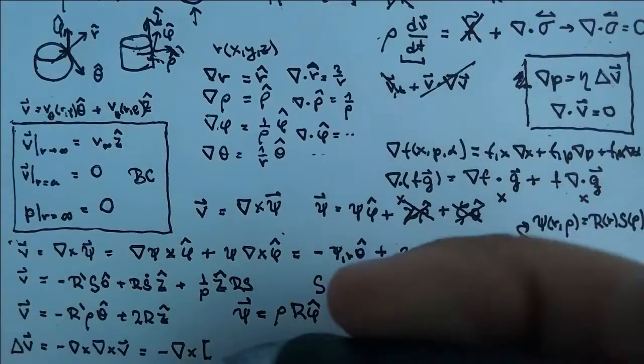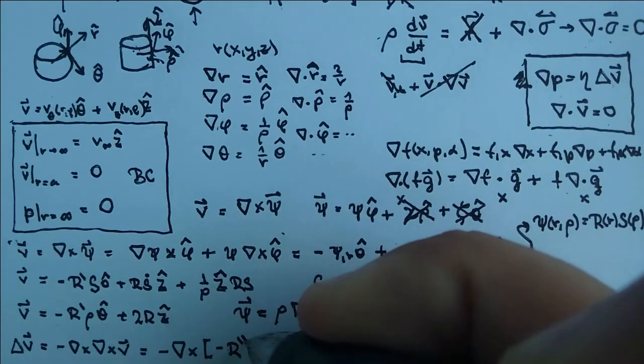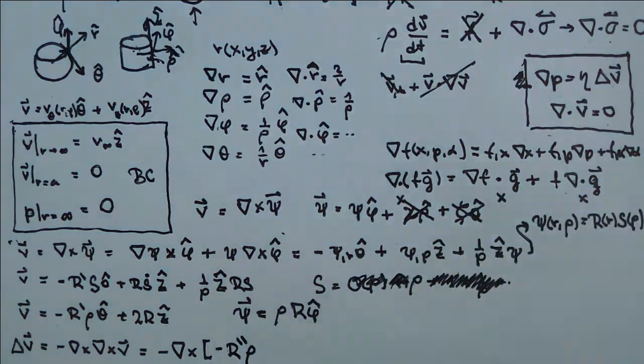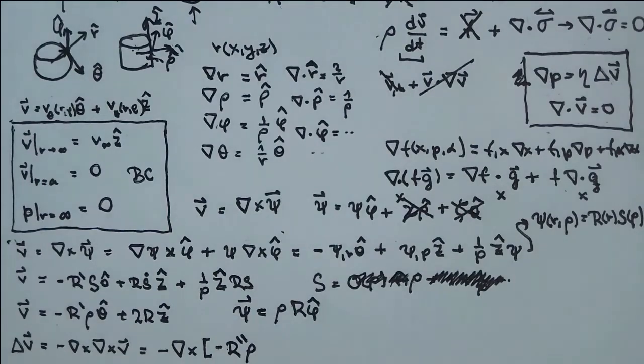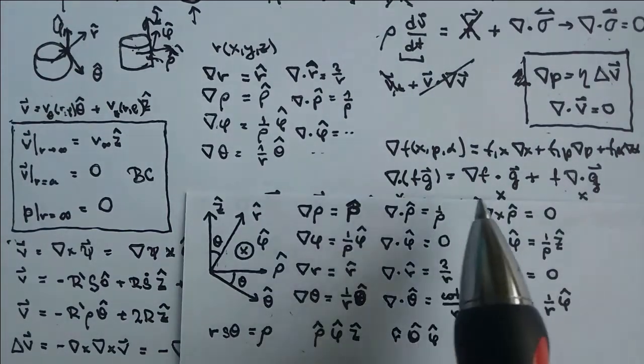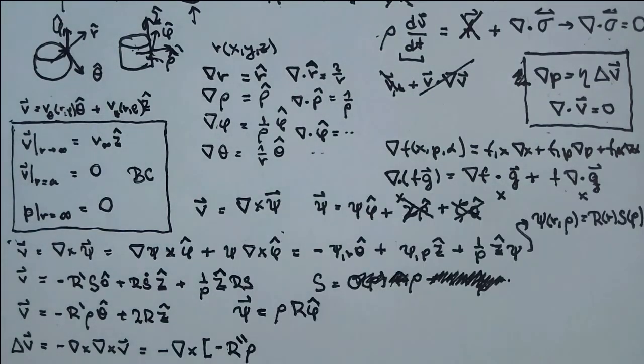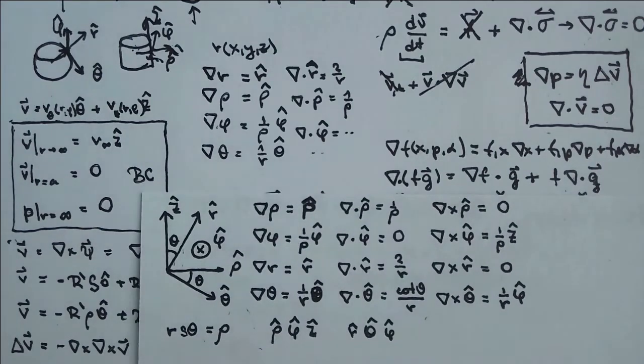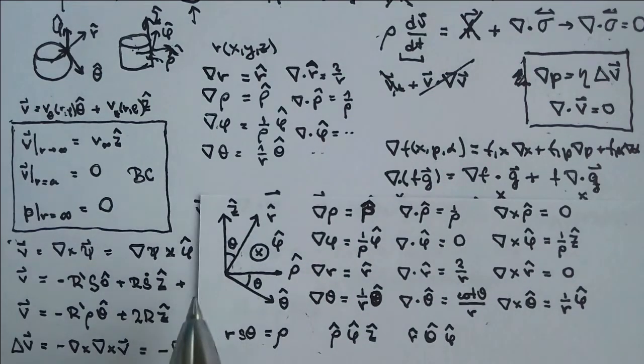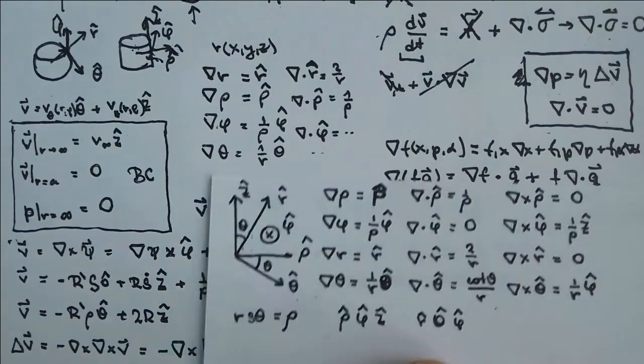This is minus r double prime, rho remains, and then nabla of r will pop up. So that's rho hat from our table. It's rho hat again, and rho hat cross theta. What is it? If you look closely, rho hat cross theta is exactly phi, because it's the right-handed series of coordinate unit vectors.